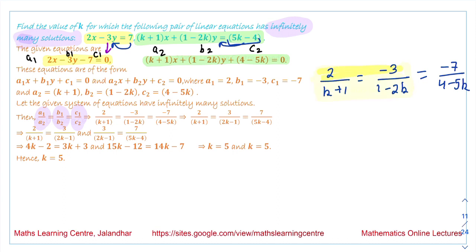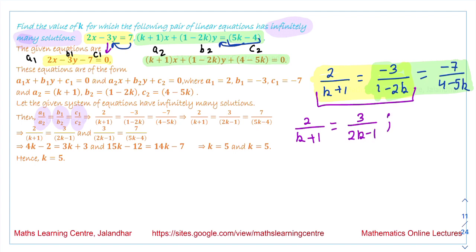suppose we consider the first two ratios separately and the last two separately. From the first two we have 2 over k plus 1 equal to 3 over 2k minus 1. Second, 3 over 2k minus 1 is equal to 7 over 5k minus 4. So when we cross multiply, we solve these equations.